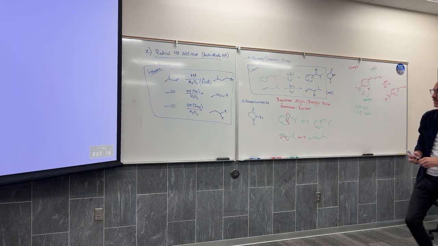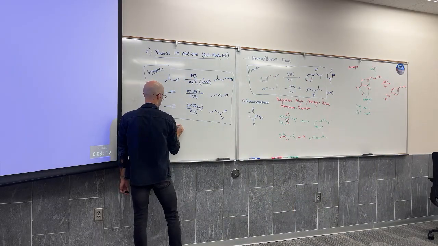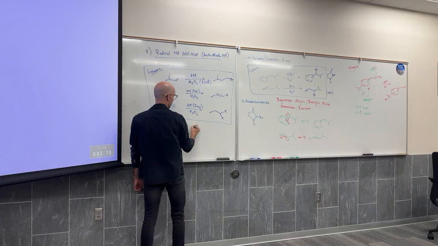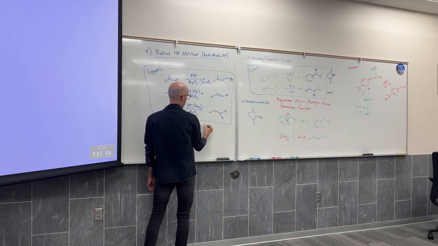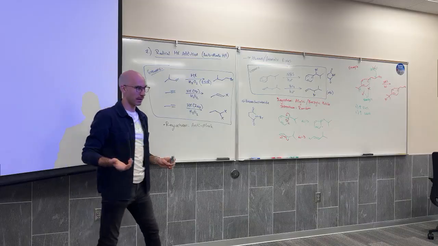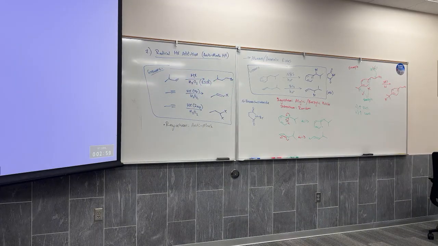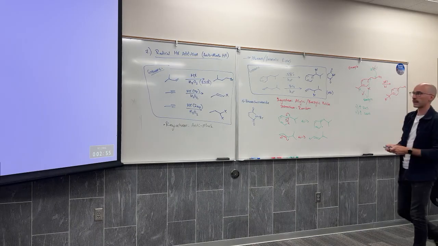So if we talk about regiochemistry, we have to say that it's anti-Markovnikov. There's not much to say about stereochemistry. This reaction rarely produces chiral centers, but when it does produce chiral centers, they're random.